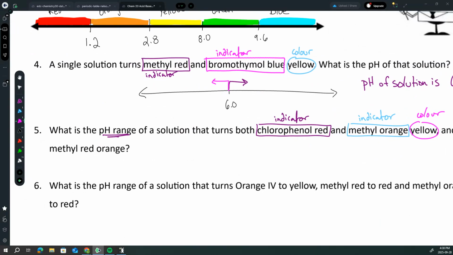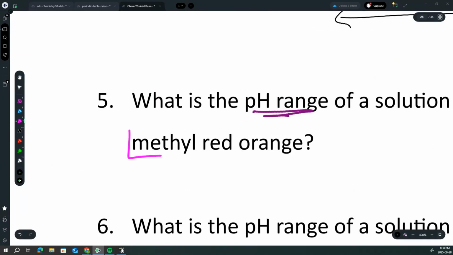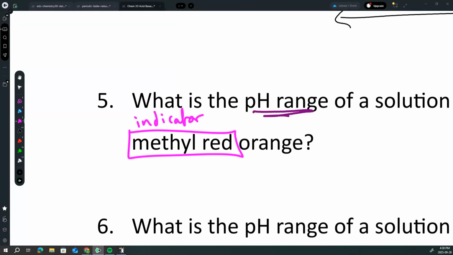And we're also looking for methyl red, the indicator name. When does it turn orange, which is the color?